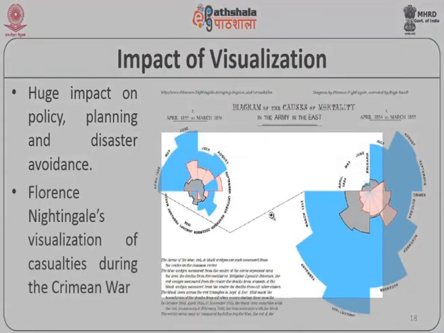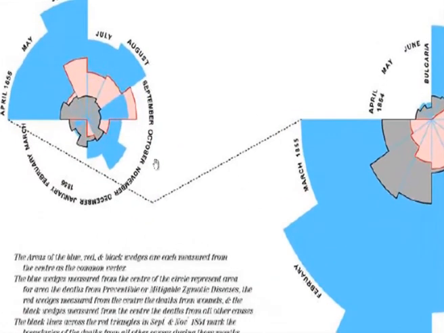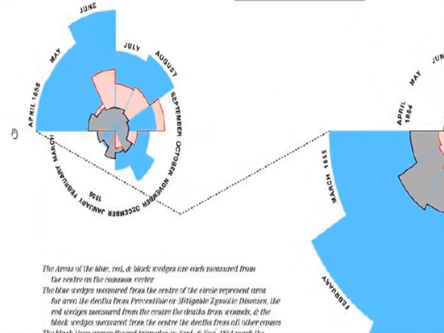Now, when you take a look at this visualization, you may find a wheel-like visualization highlighting various months here and the blue shades over here, and the particular area indicates the casualties related to these months in different regions.